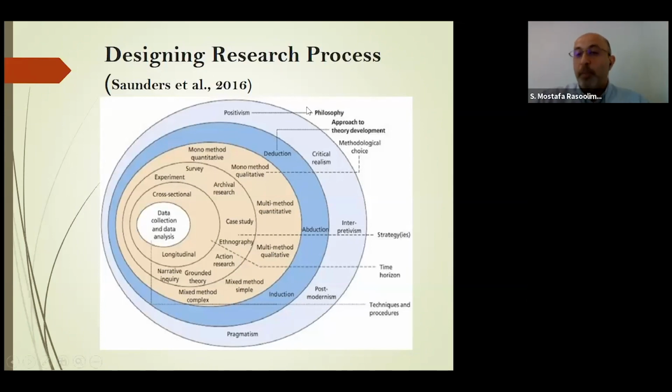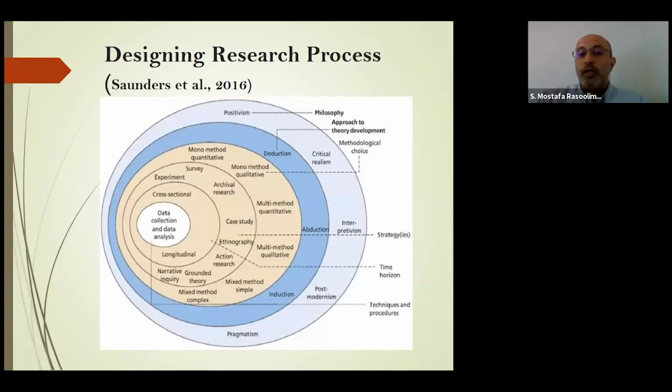So the updated version actually makes more sense, because first we need to identify our research method, and then we can identify our research strategy. And each research method needs a specific research strategy. For example, we cannot apply ethnography or grounded theory for quantitative method.